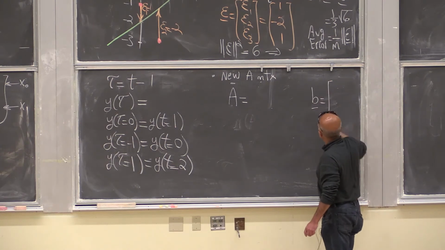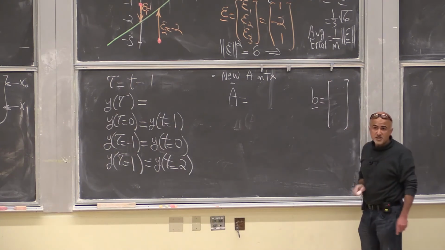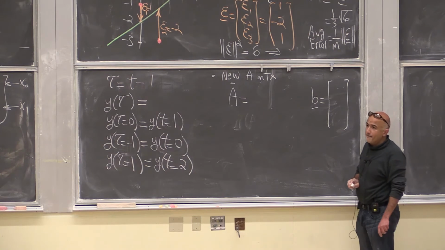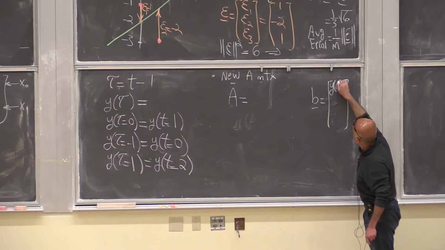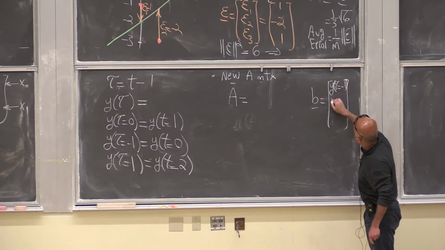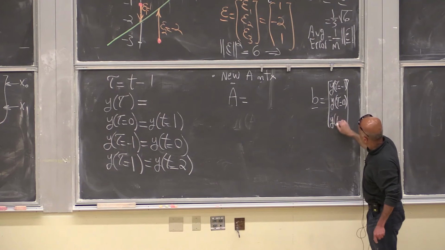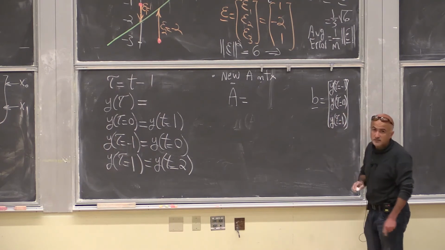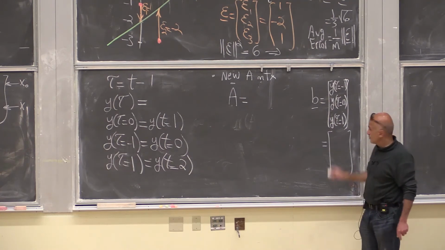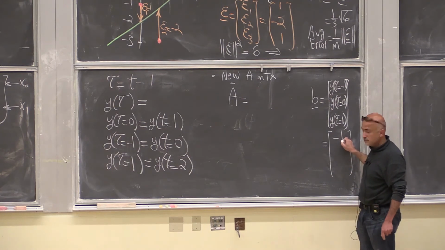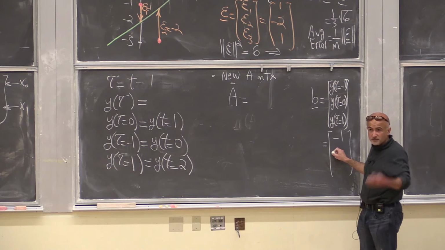My new B vector is what? Does that change? This is y at tau equals minus 1, y at tau equals 0, and y at tau equals 1. What's this vector? Minus 1. What was it?